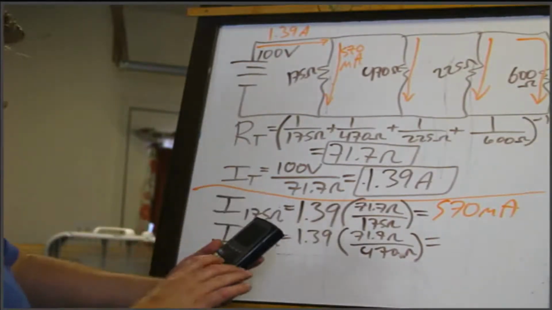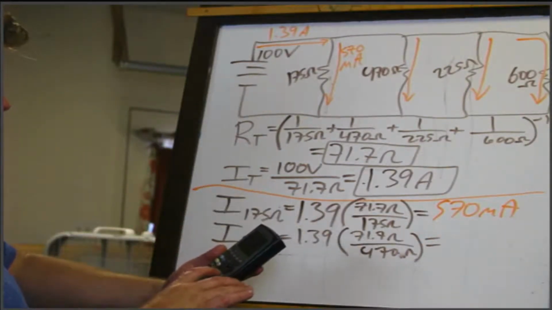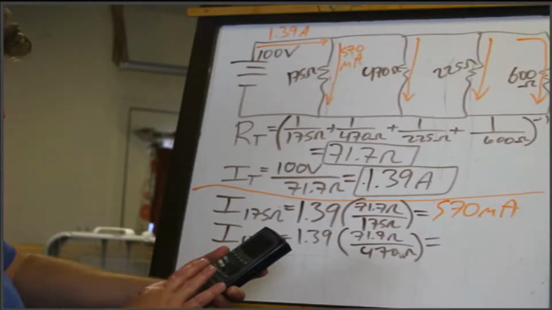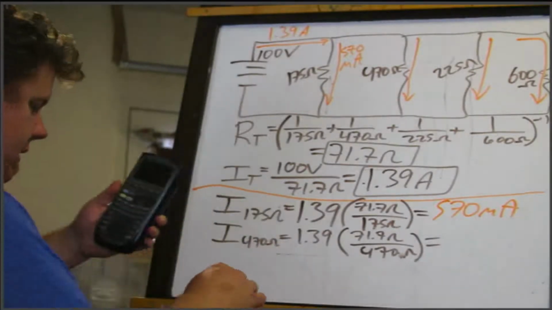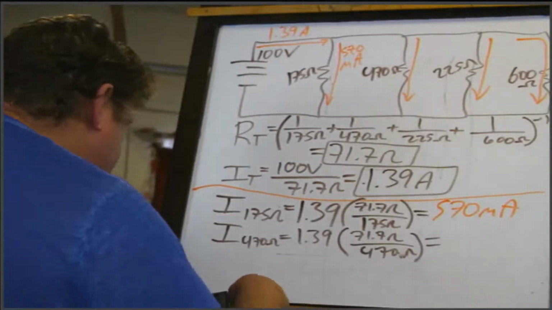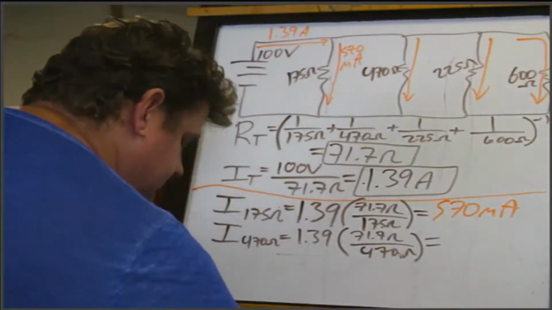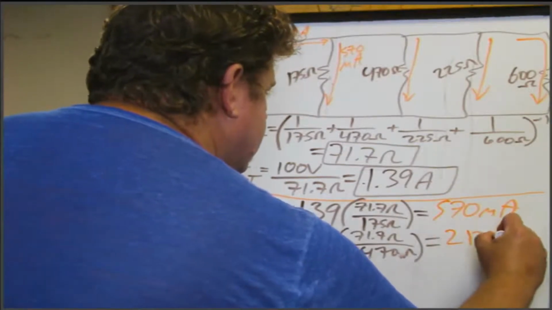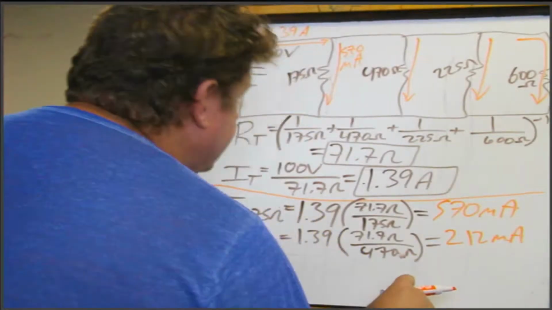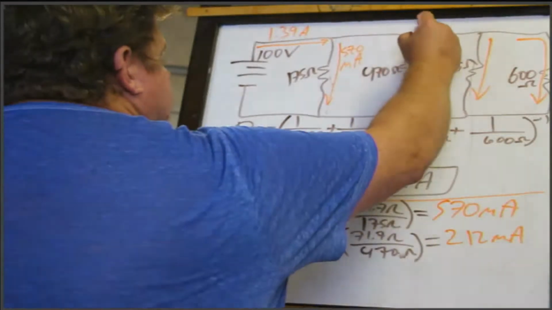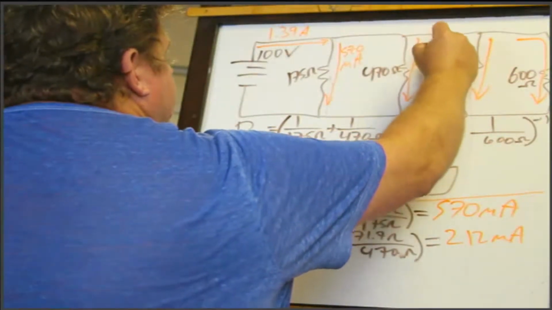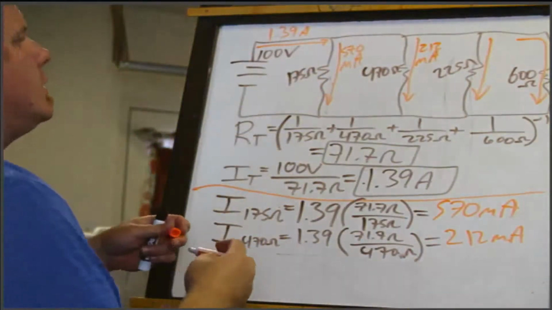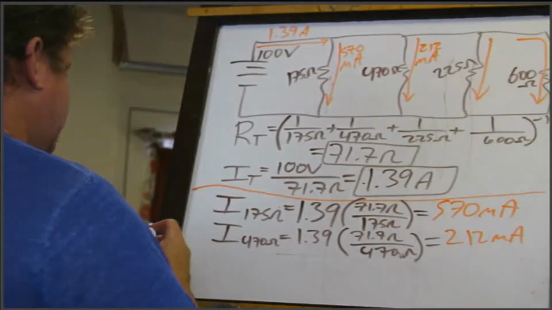So 1.39 times 71.7 divided by 470. I get 212 milliamps. So that comes through here. 212 milliamps. Cool.